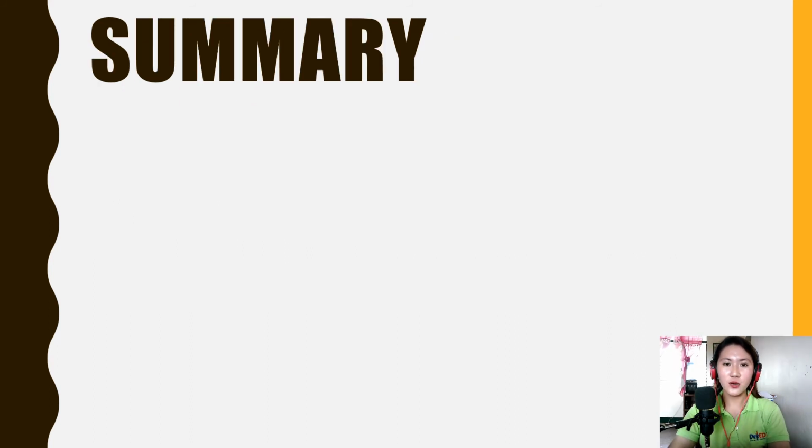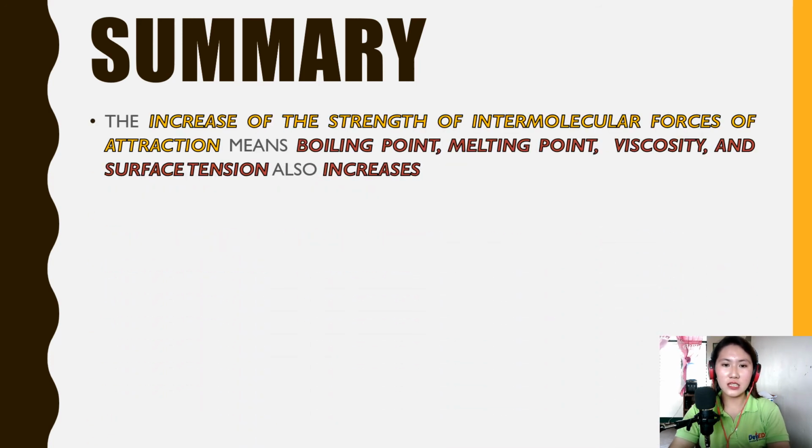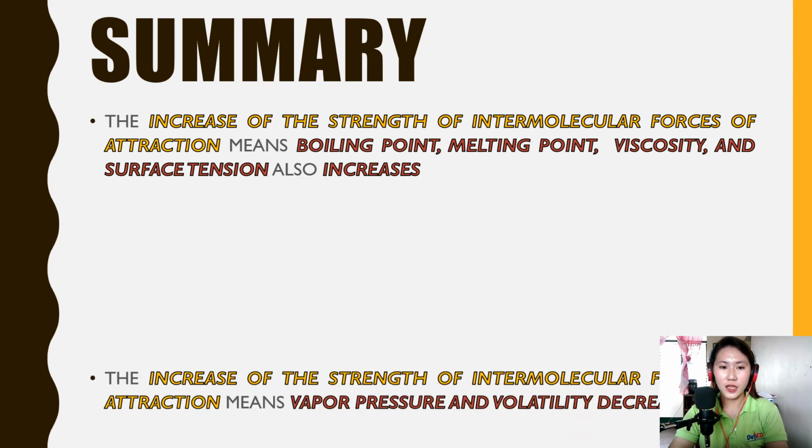Okay? So how does the strength of intermolecular forces of attraction affect the physical properties of a substance? First, the increase of the strength of intermolecular forces of attraction means boiling point, melting point, viscosity, and surface tension increase. So in other words, pag malakas daw yung strength of intermolecular forces of attraction, mataas yung kanyang boiling point, melting point, viscosity, and surface tension.